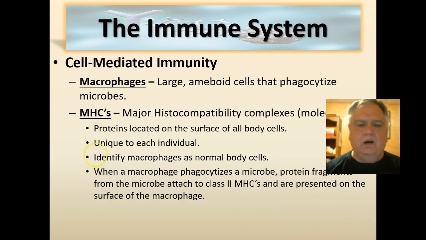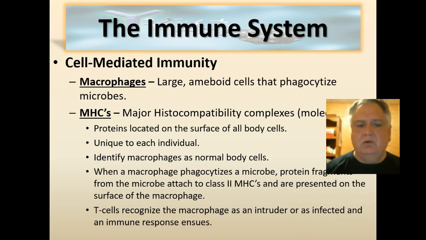Now, when a macrophage, however, phagocytizes a microbe, it will take fragments of that microbe, send them to the surface of the cell, attach them to what are called class 2 major histocompatibility complexes, and present them on the surface of that macrophage. This is going to now say that there's something going on with this macrophage. It's not like it was before, and it's actually now presenting an antigen to the immune system, and as a result of that, an immune response is going to occur.